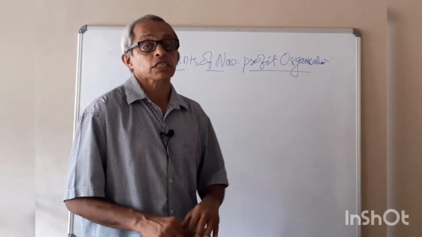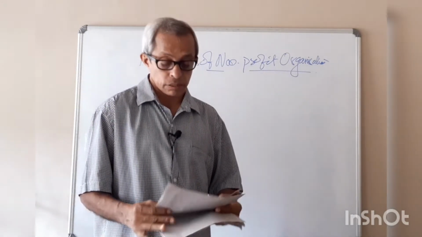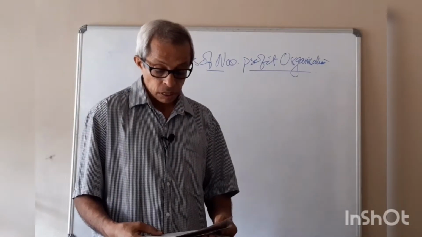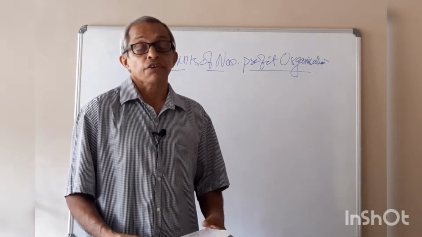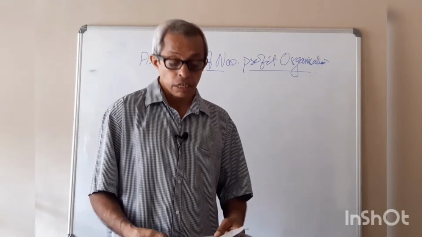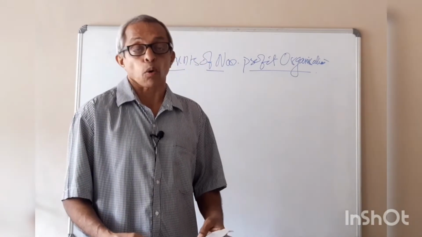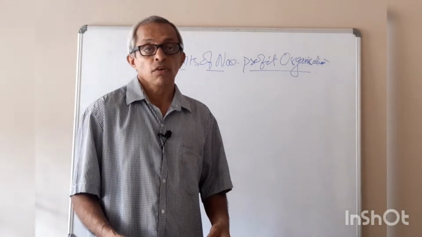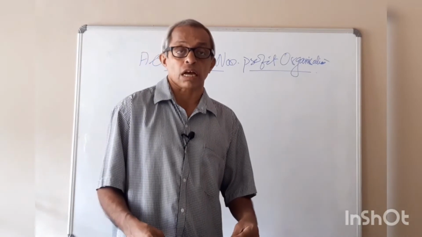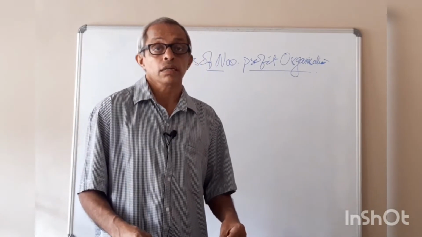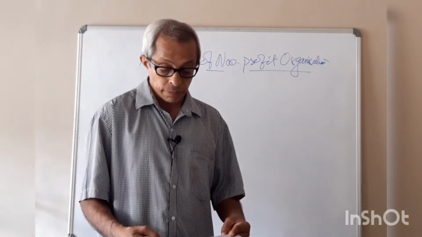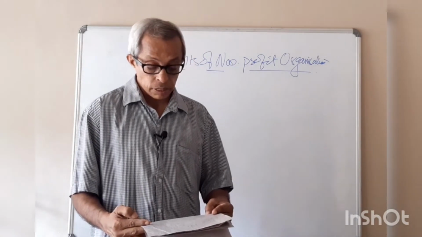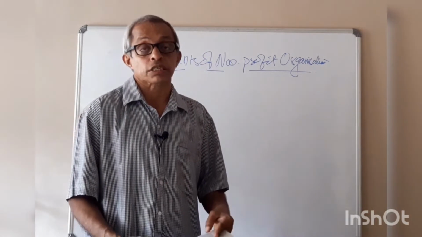Voluntary organizations are clubs, residential associations, libraries, sports clubs, etc., while professional organizations are the bar council, engineers club or engineers association, etc.